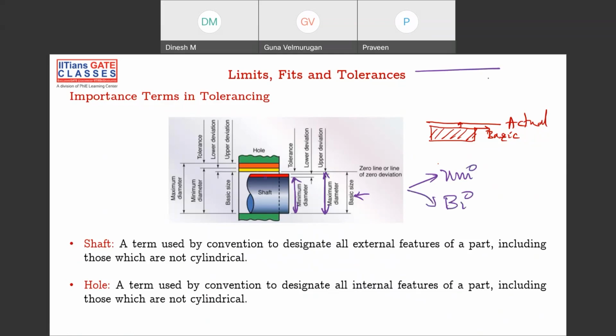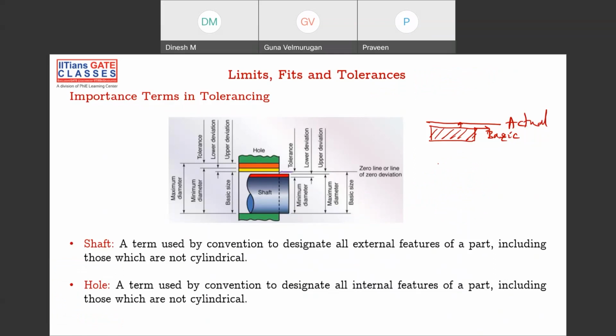Because the basic size is 30, the maximum size is below, and the minimum size also is below. What do you say, guys? Unilateral. Very good, Praveen. Because both are below. Only negative is allowed here.